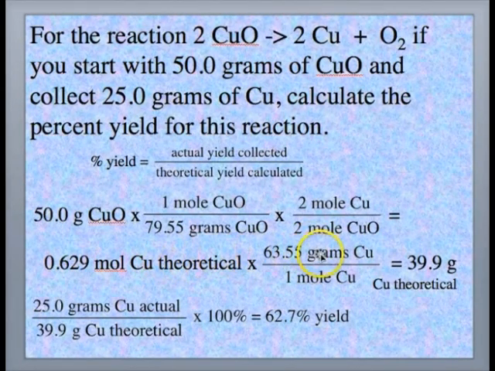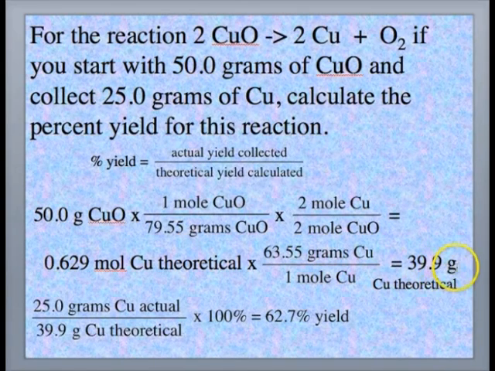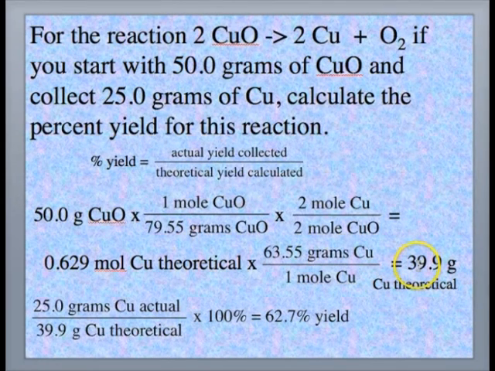If we multiply that by grams of copper per mole, the atomic weight of copper, then we end up with 39.9 grams of theoretical copper. This is what we would get if the reaction were to proceed with 100% yield. We didn't lose any in working it up. Everything worked exactly as it should, and this is the theoretical amount. But usually that's not the case.